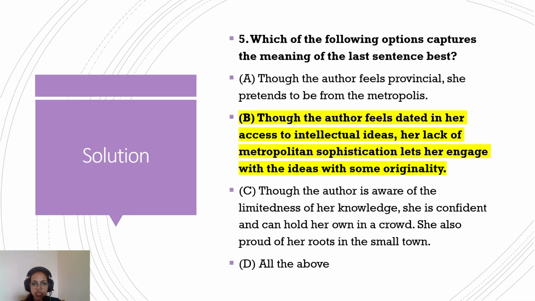So, this is what is being described in these lines, that though the author feels dated, outdated or old fashioned in her access to intellectual ideas, her lack of metropolitan sophistication lets her engage with the ideas with some originality. So, basically, nobody is teaching her how to look at things. She is developing her own perspective from a fresh and original point of view.